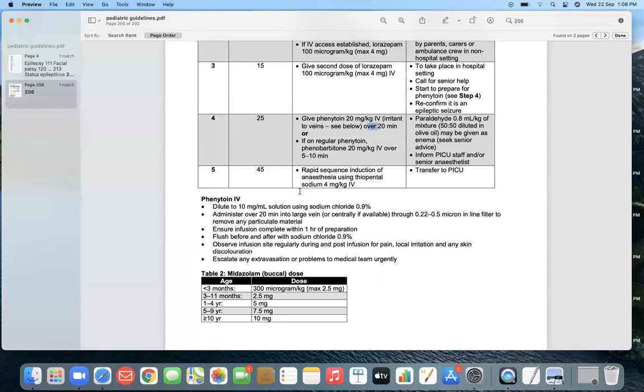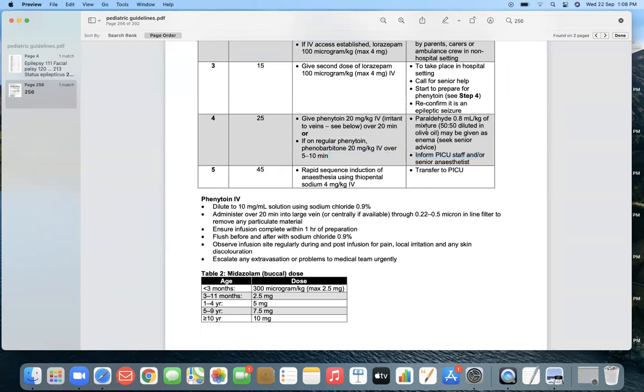Then here, inform PICU staff or senior anesthetist. In the next step you are in need of an anesthetist if he has not improved in 20 minutes, so you will keep the anesthetist ready. He will be informed and will also be available with you. So informing and transferring to PICU becomes important.